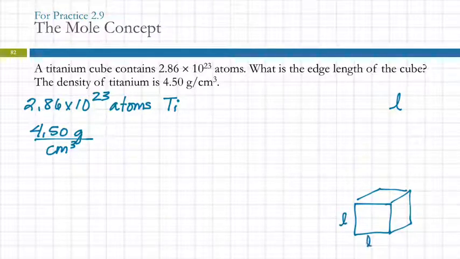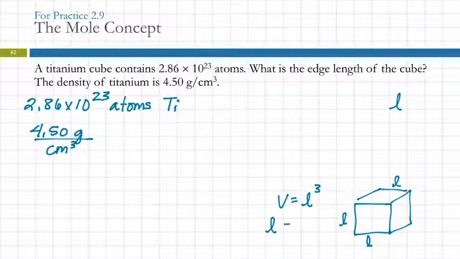Okay, so there's my cube. Cubes have the length of each side the same, right? The volume of a cube equals the length times the length times the length, length cubed, right? So if I want to know the length of this side, I could find that if I knew what the volume was, right?